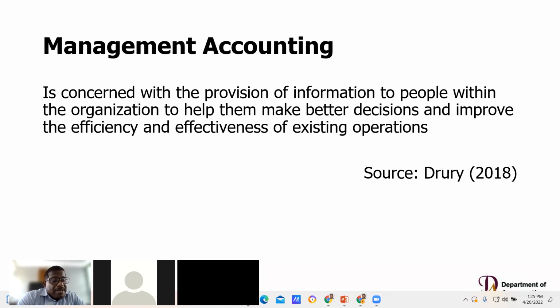You can say management accounting is to implement plans, to ensure performance, to control the resources. Likewise, you can explain management accounting from different perspectives. But here we are giving Drury's definition from the 2018 text.